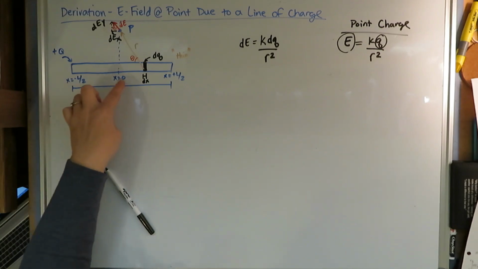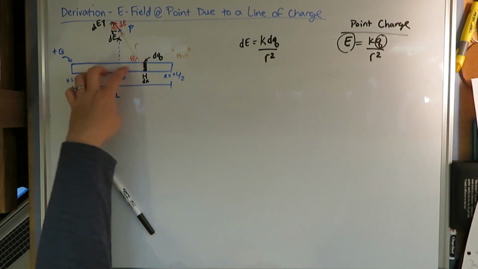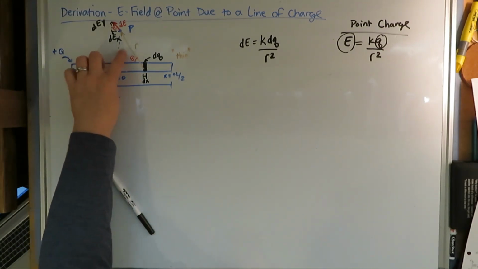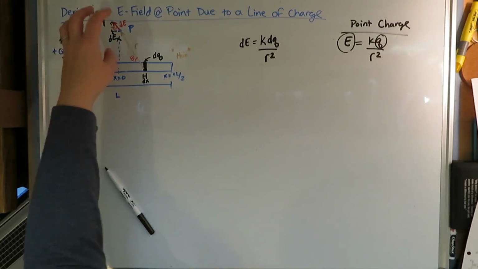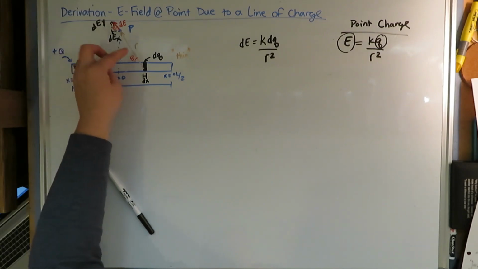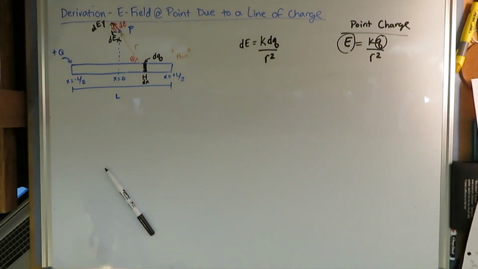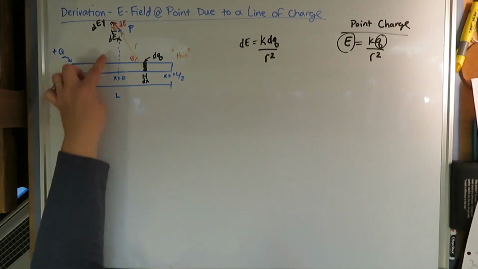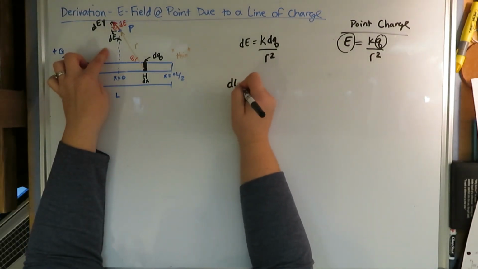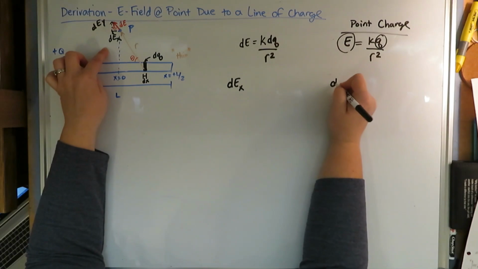Now, if I had chosen a different point, then a lot of things would change. My r would be different, the magnitude of my electric field would be different, the angle that they make would be different. So I have a lot of different variables. So what I'm going to want to do is break this up into components. So I'm going to define dEx and I'm going to define dEy.